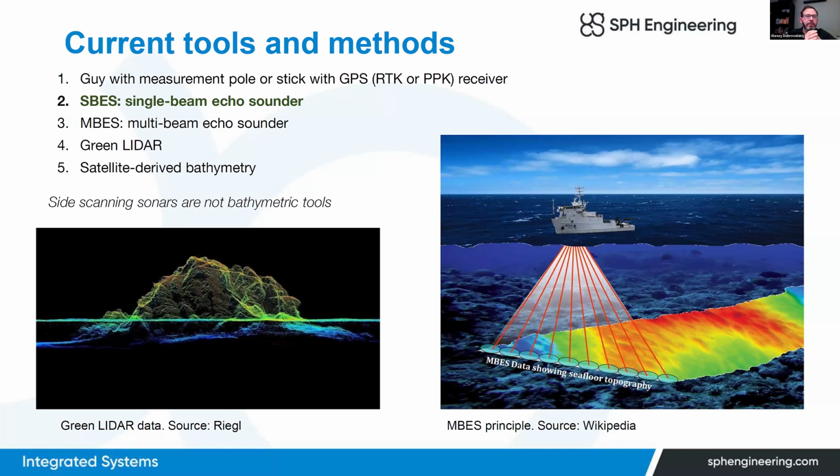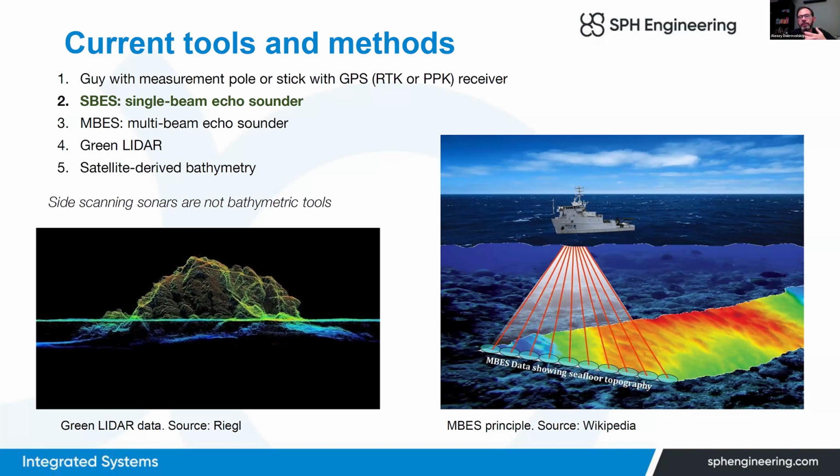And last, what I want to mention is satellite-derived bathymetry. Also great technology, it allows estimating the depth or elevation of the bottom for thousands of square kilometers. But its accuracy is very low, and because of that, data from it can be used for very limited scenarios.